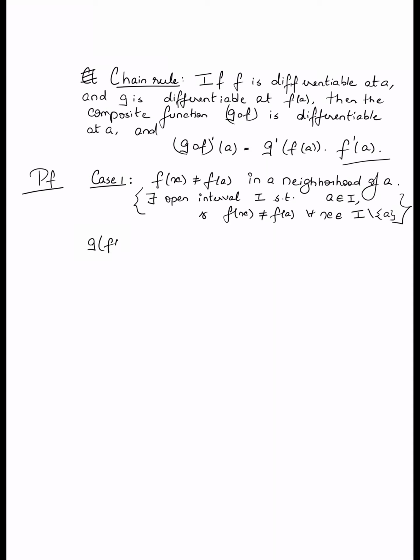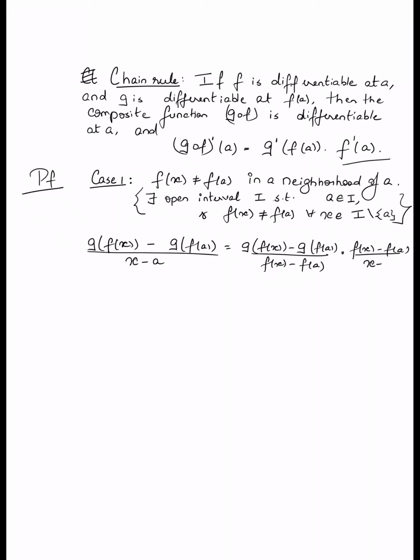to look at g of f of x minus g of f of a upon, of course, x minus a. Now what I could do is write this as g of f of x minus g of f of a upon f of x minus f of a times, well, f of x minus f of a upon x minus a.